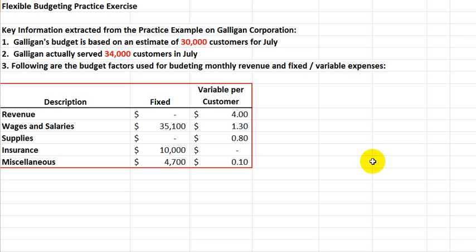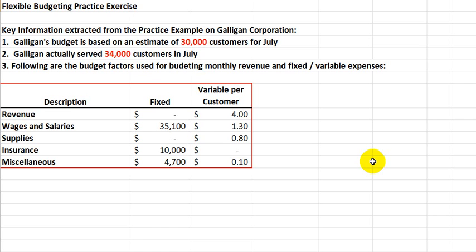Now, the common fault here, the trap most companies fall into, is they compare their original budget to the actual amounts in a given month. If they do that, they're not able to break out what we call the activity variances versus the revenue and spending variances.